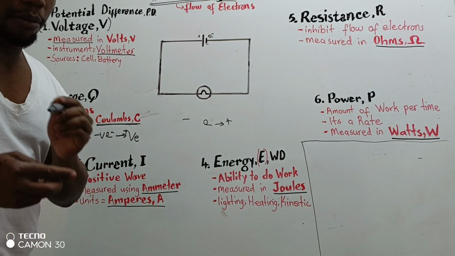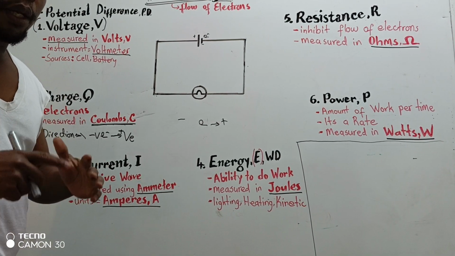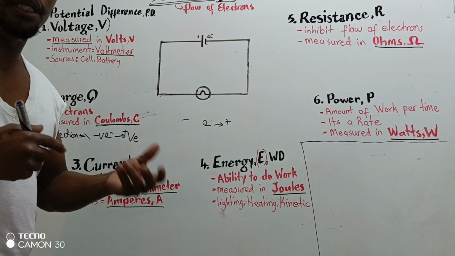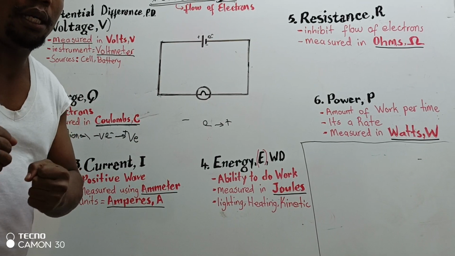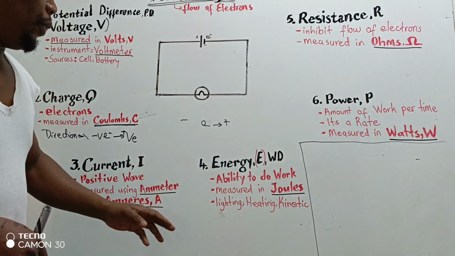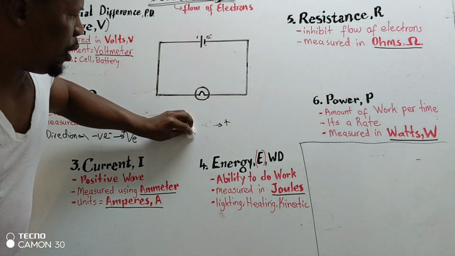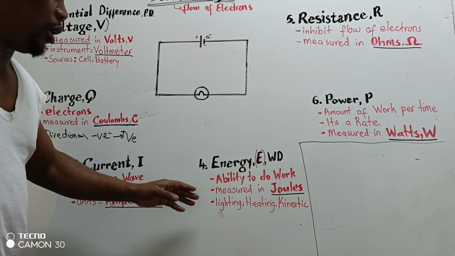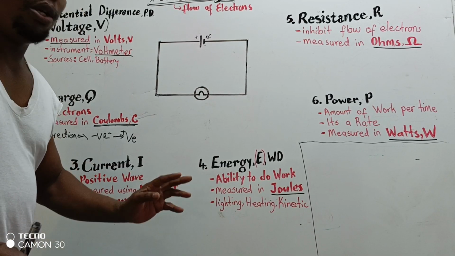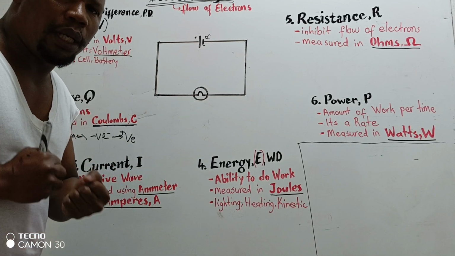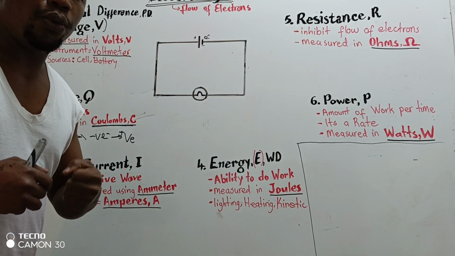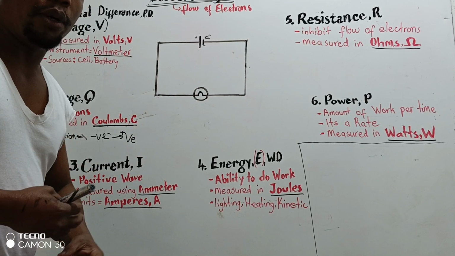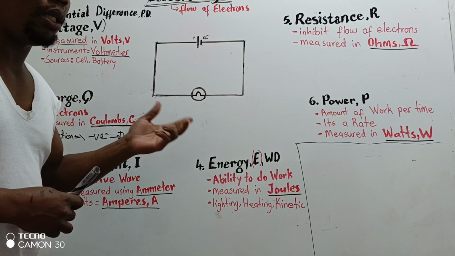Then the other thing that you should remember: these electrons, as they flow around, don't flow empty-handed. They are carrying packets of energy. That energy is what we are going to use in the circuit to do work. Remember, energy is the ability to do work. Lighting: if you plug in a bulb, it is going to light.